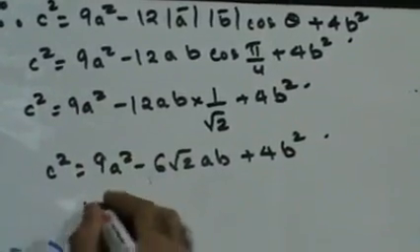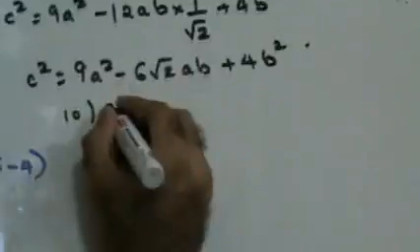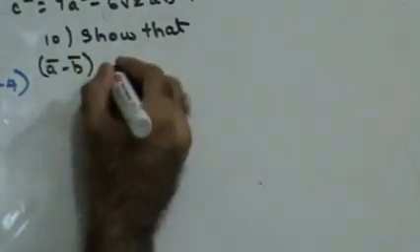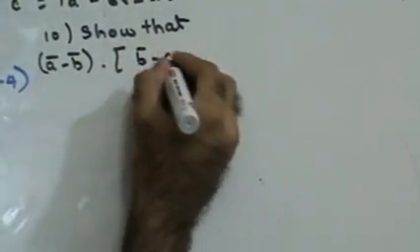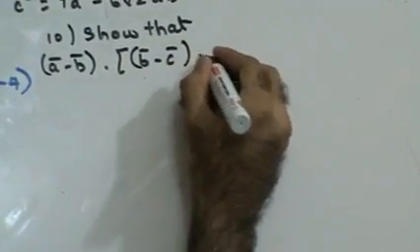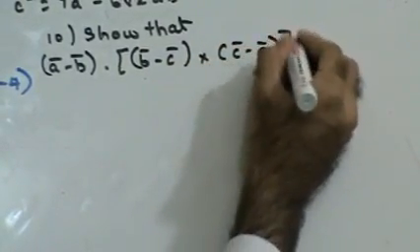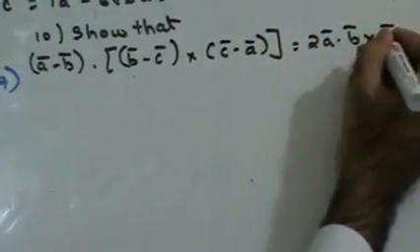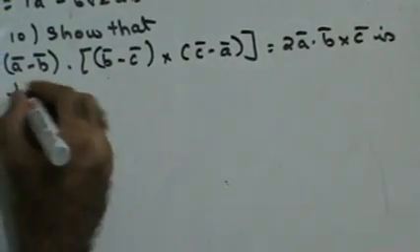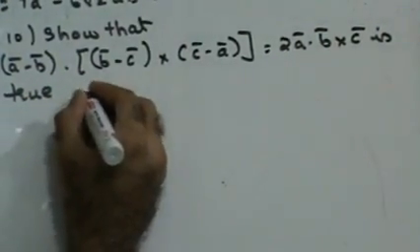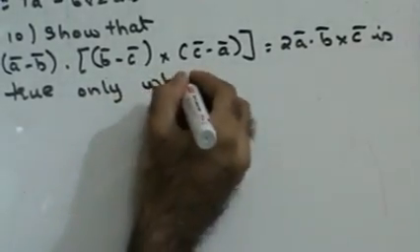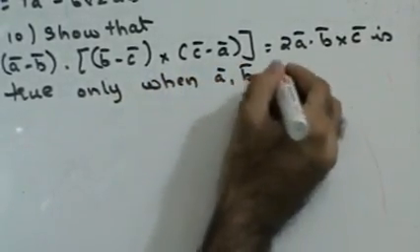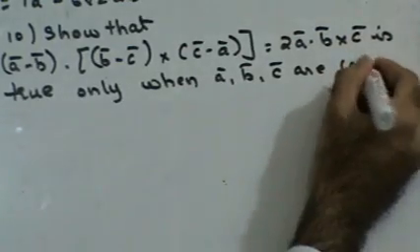Next, let's consider another sum. Show that (a vector minus b vector) dot (b vector minus c vector) cross (c vector minus a vector) is equal to 2 a vector dot b vector cross c vector is true only when a vector, b vector, c vector are coplanar.